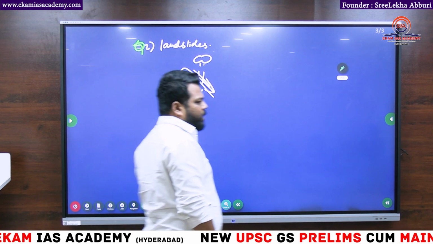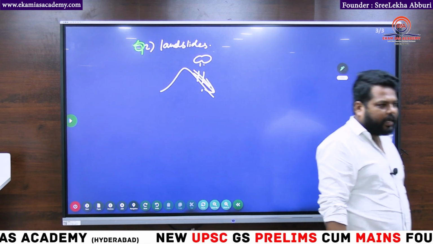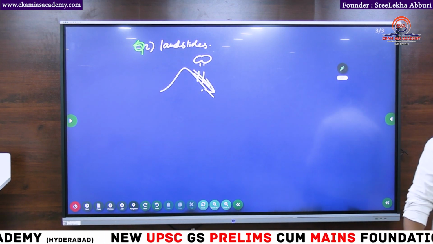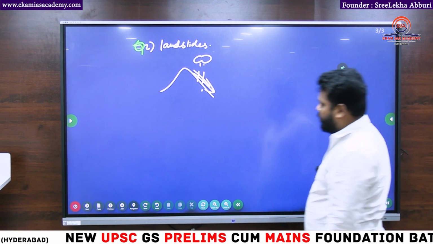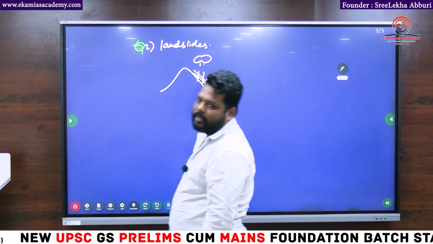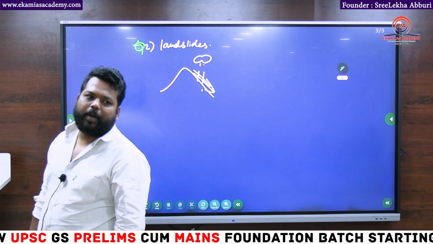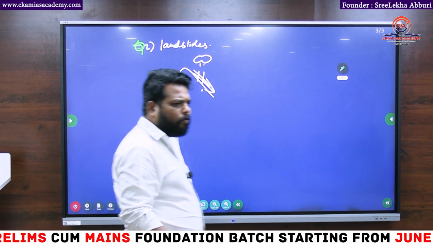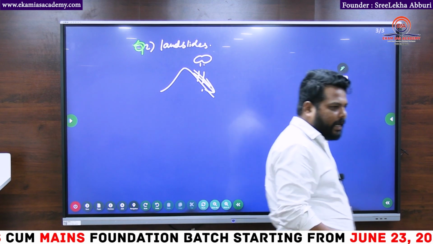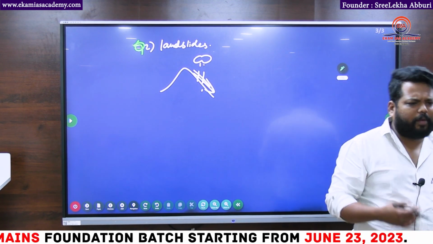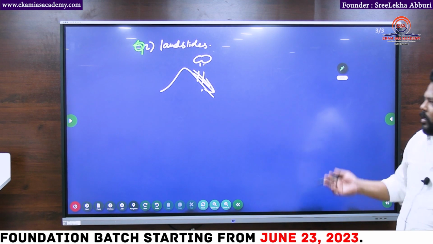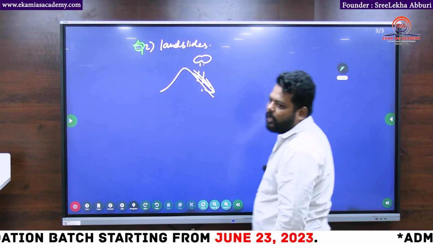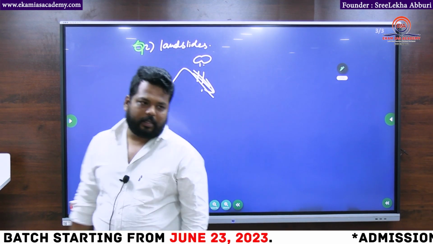And this landslide is one of the mass movements. In the geomorphic process, in the exogenic forces, landslides are referred to as the mass movement of materials. So we might have landslide, soil flow, mud flow, soil slide, rock slide. We will have different types of mass movements. In that the most familiar one is landslide.